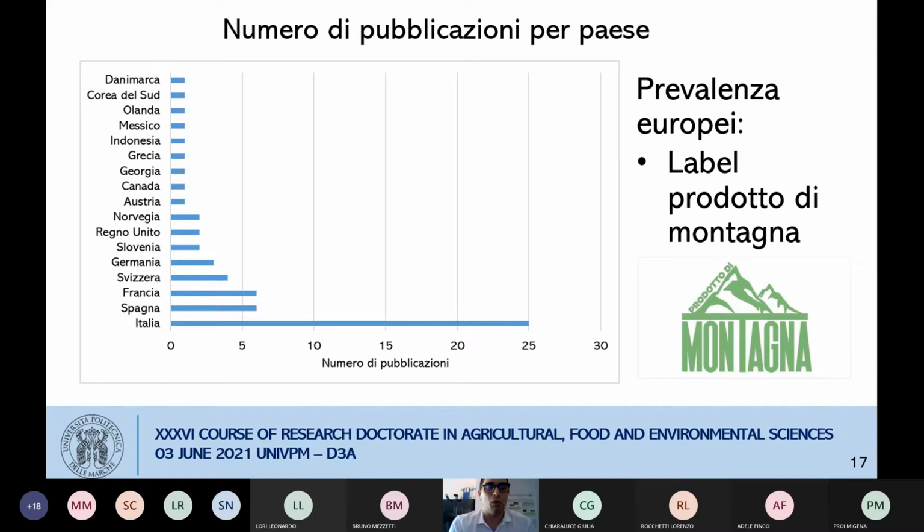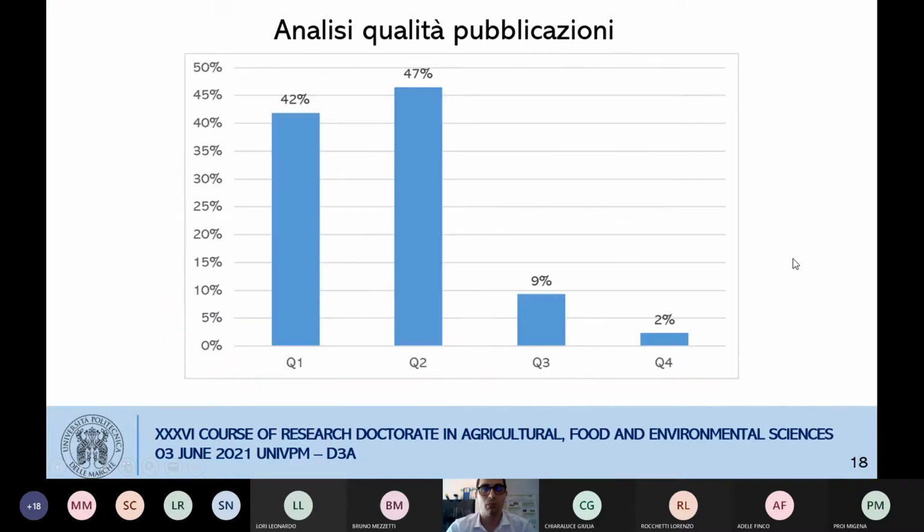Alcuni paesi hanno aderito a questa iniziativa e hanno a livello ministeriale rilasciato il label per i loro paesi. Uno su tutti l'Italia, e questo qui è quello che possiamo vedere in slide, è il label prodotto di montagna italiano.